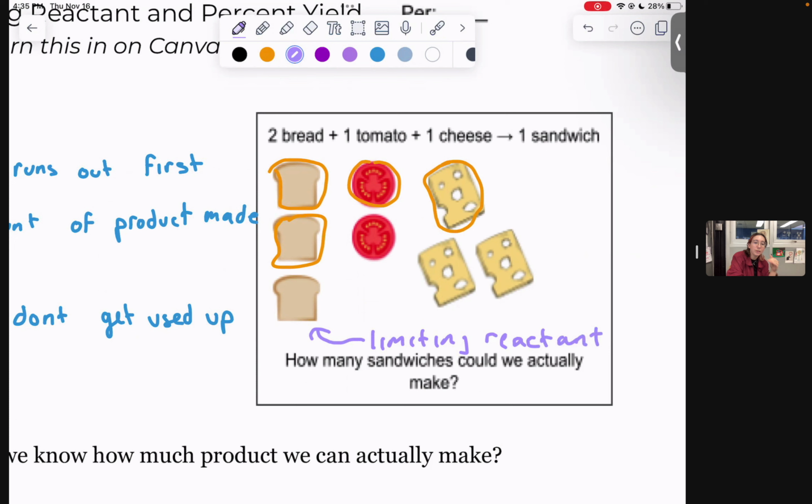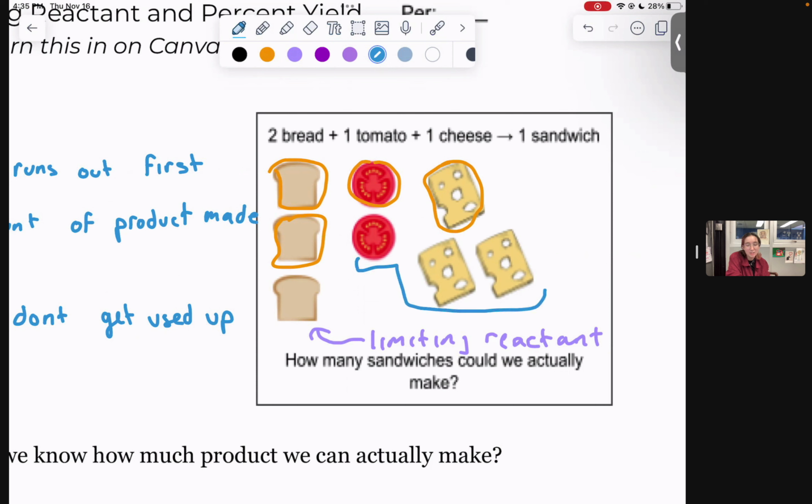Because I only have 3 pieces of bread, this reaction is going to stop after just one time. I am only able to make 1 sandwich, and that's all I'm going to be able to make. I'm not going to be able to make that second sandwich. So after I make 1 sandwich, I end up with these other ones being left over. My excess is going to be these guys.